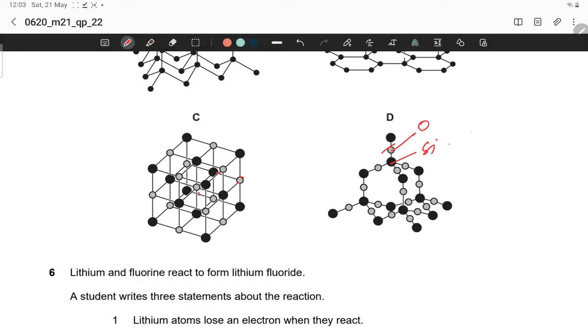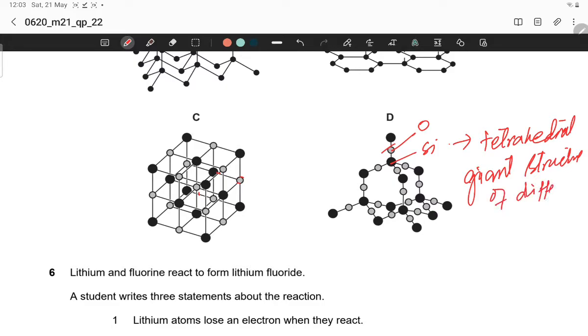So this is also tetrahedral but with different elements, a giant macromolecule of different elements, tetrahedral and giant structure of different elements. So that's why it is silica, SiO2.